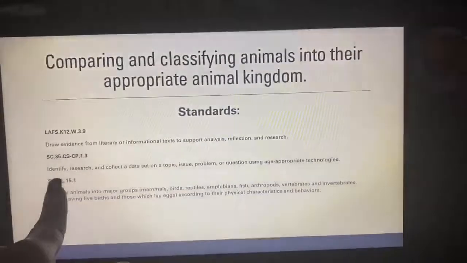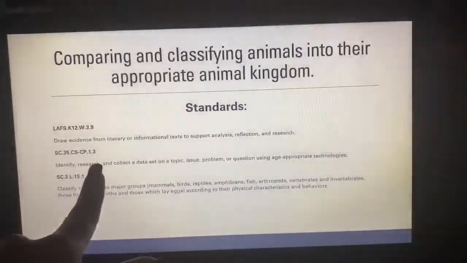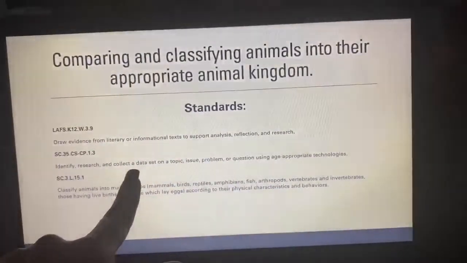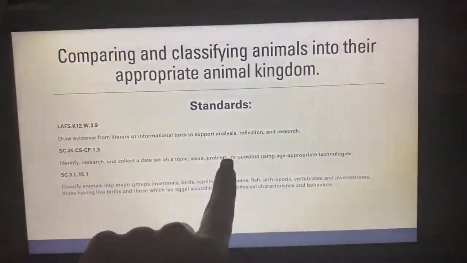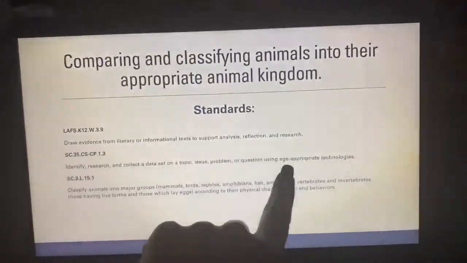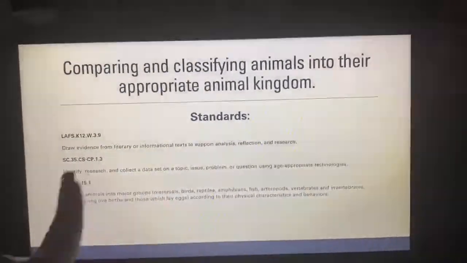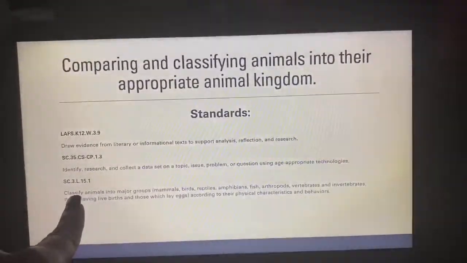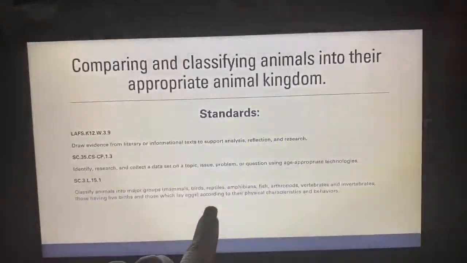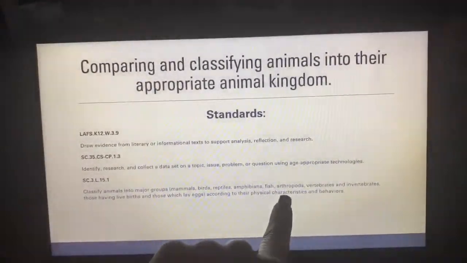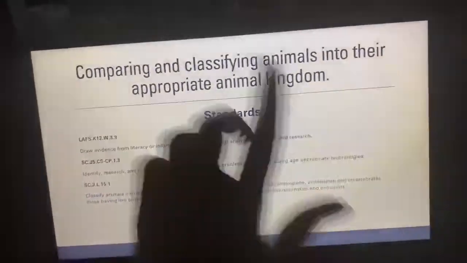The second standard is identify, research, and collect a data set on a topic, issue, problem, or question using age-appropriate technology. The third standard is classifying animals into major groups according to their physical characteristics and behavior.